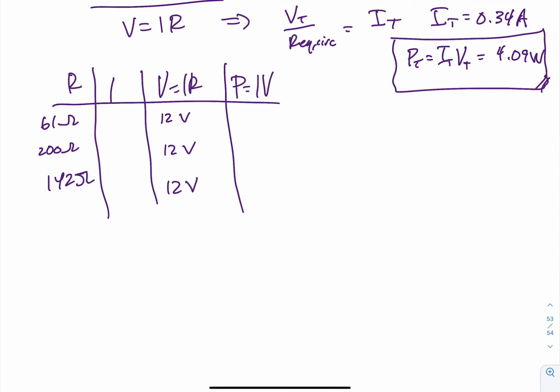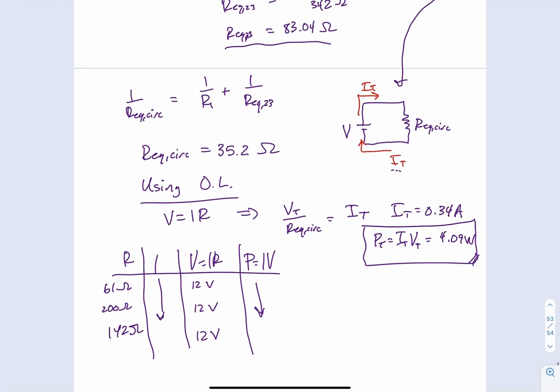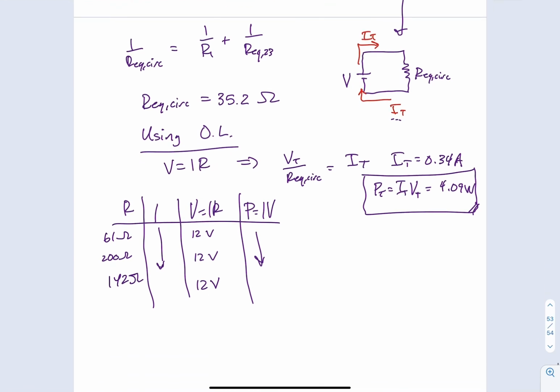Oh, well, in that case, we could just calculate I by dividing V, the 12 volts, by each resistance. And so I'll leave that for you. You can calculate all your I's and all your P's. So fundamentally from this example, it's most important to see that you always want to remember your rules for series and parallel circuits. That's what gave us these answers right away.